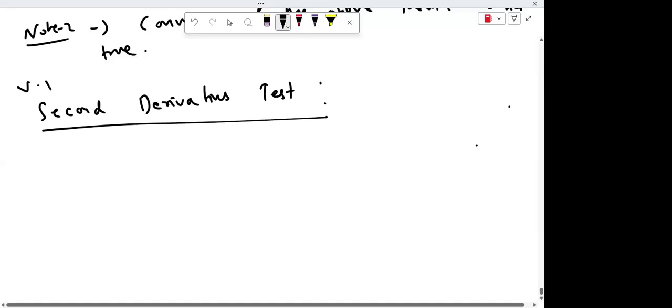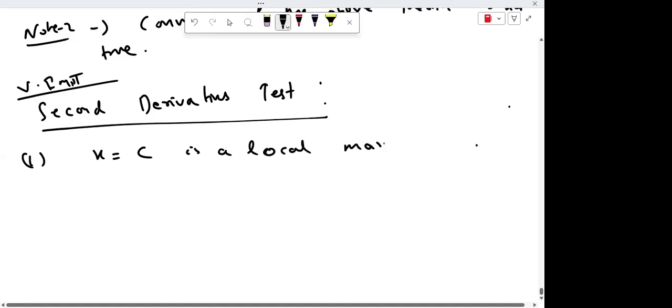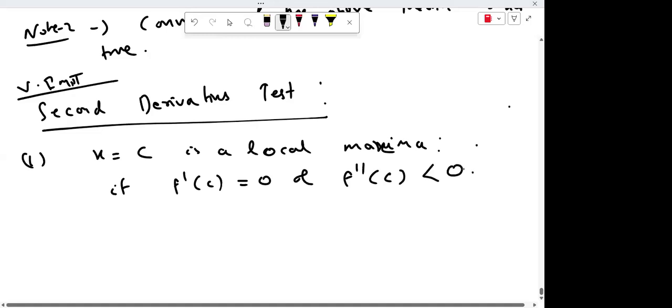Okay. Very important test, which is the second derivative test. If f dash c is 0 and f double dash c is negative, local maxima.